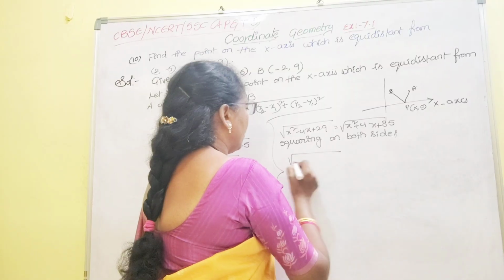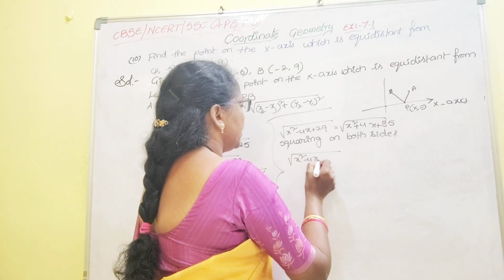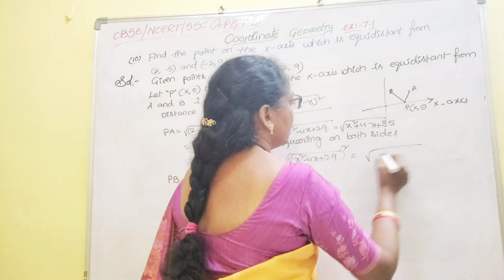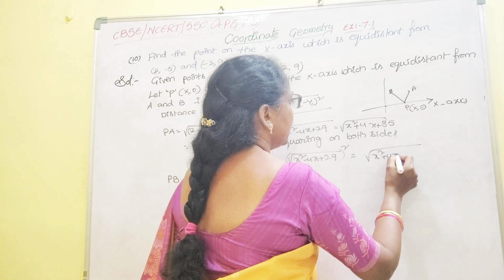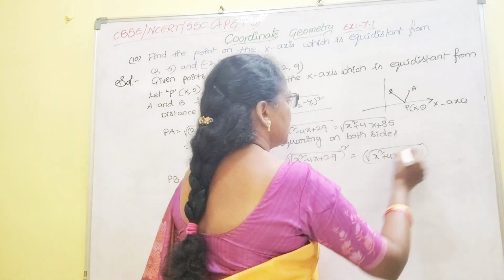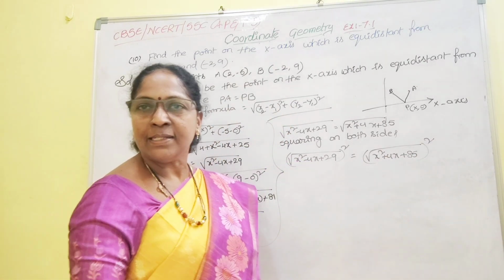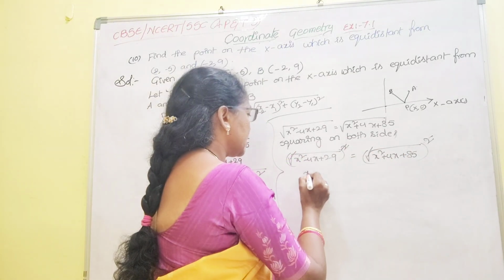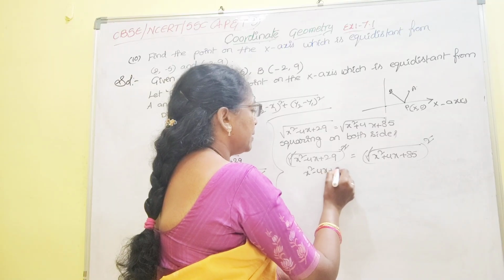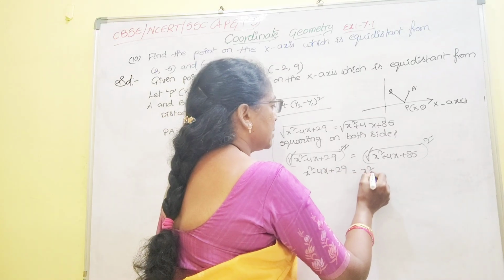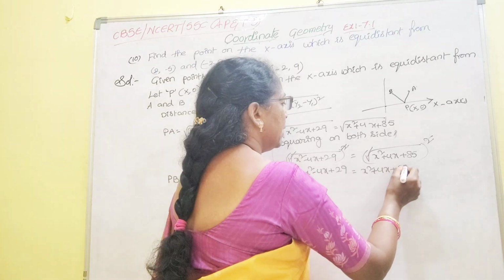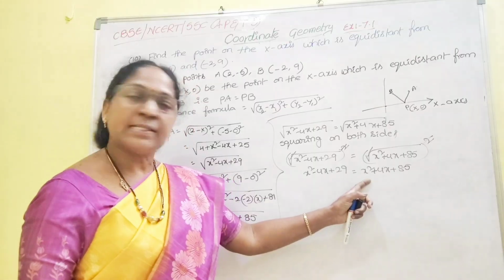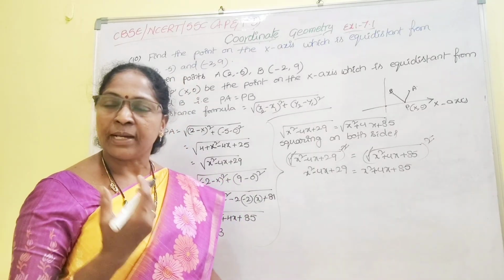Now the square root of x square minus 4x plus 29, whole square, equals the square root of x square plus 4x plus 85, whole square. Then automatically square and square root are cancelled. Now x square minus 4x plus 29 equals x square plus 4x plus 85. X square is there on both sides with plus symbols, so directly you can cancel.